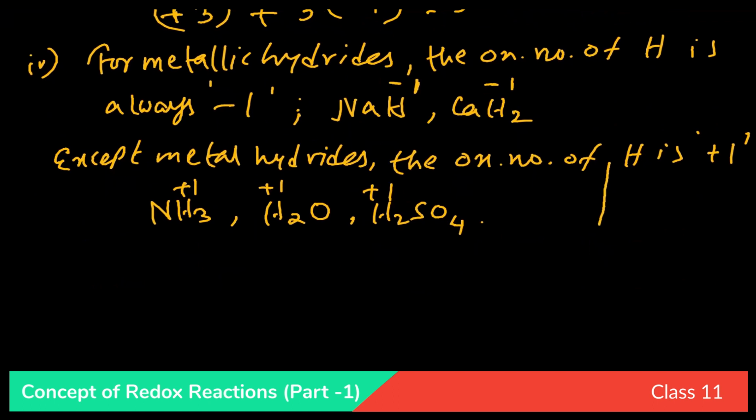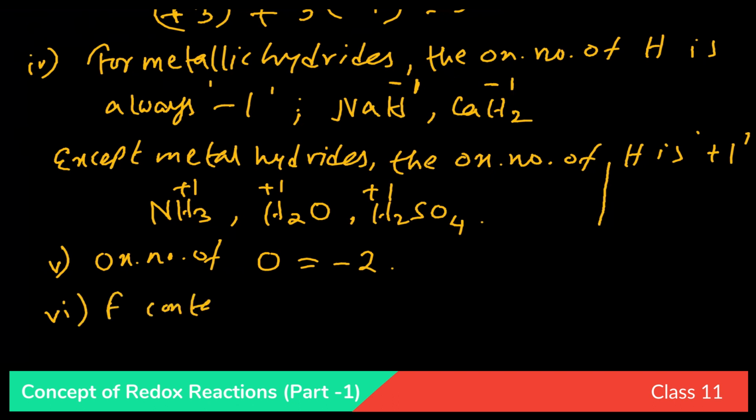Now, the oxidation number of oxygen will be -2. You have to remember this. And all fluorine containing compounds will have oxidation number of -1.